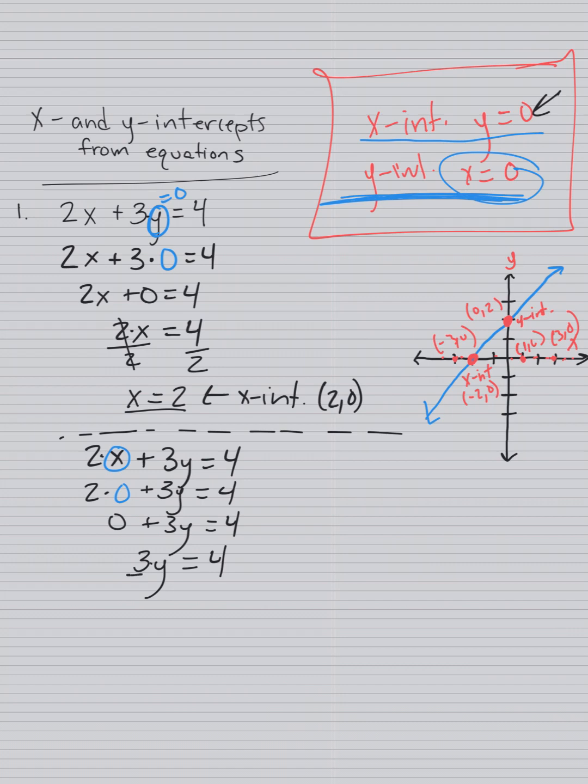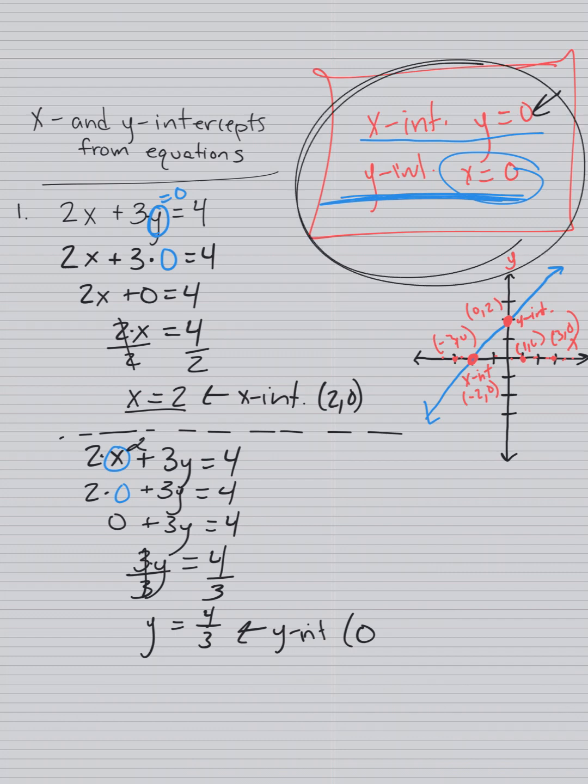3 times y, the opposite of times by 3 is to divide by 3. So then y has to be 4/3, or you can make it a mixed number, or you can make it a decimal. So then this is going to be our y-intercept number. So then the ordered pair, we made x 0 to start with. We knew that from our information up here.